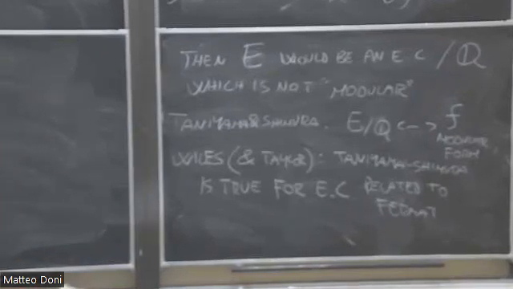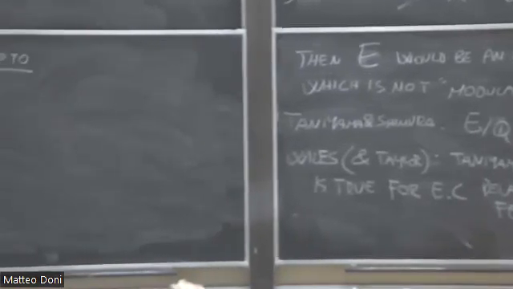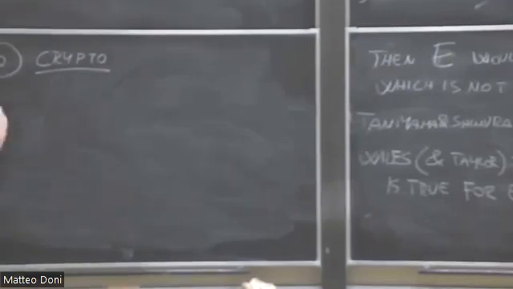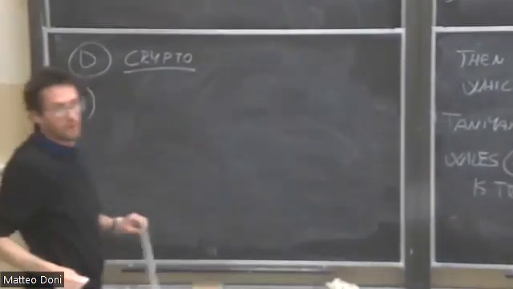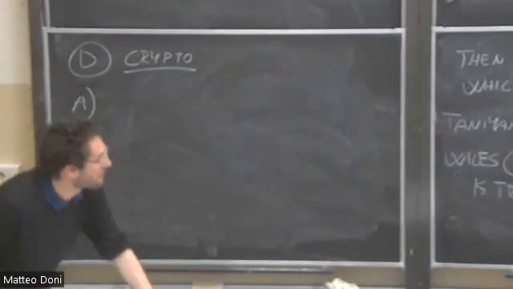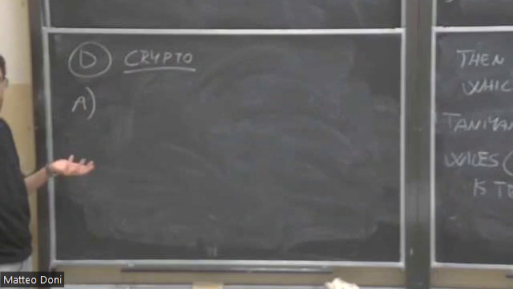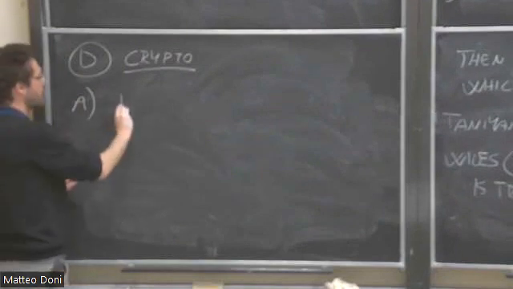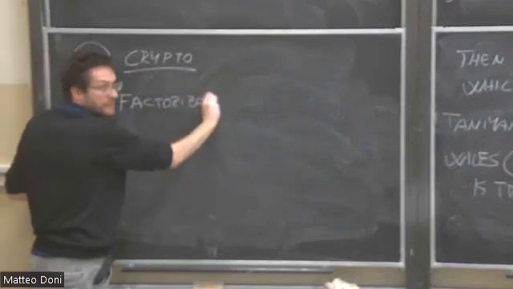I will be quick with this, but this is important. I would say just two things. The first one is that the most difficult problem in computational number theory in the end is always the factorization of the integers.